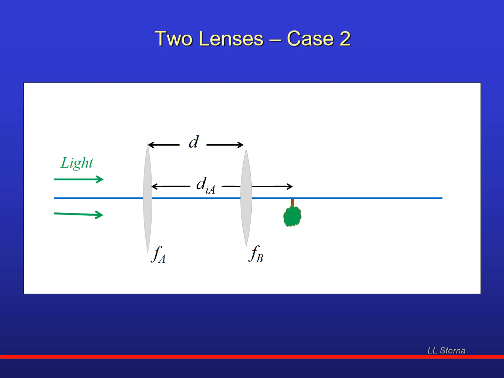But I need to know, how can the light from that image go through the second lens? Well, we can solve the problem. We need to know what is D sub OB. Now you want to look at this a little bit, think about it, do some algebra.